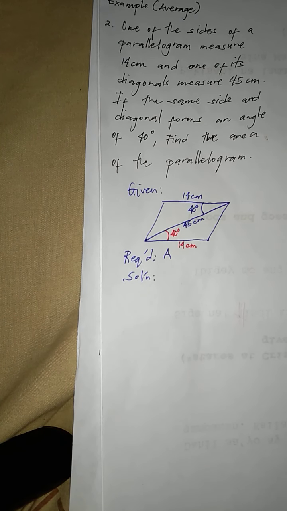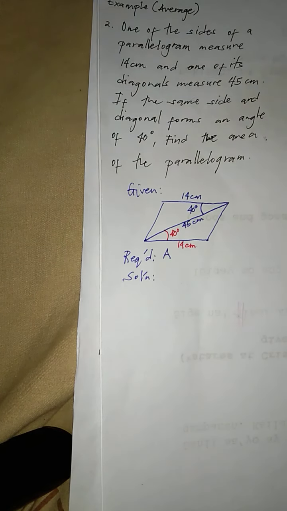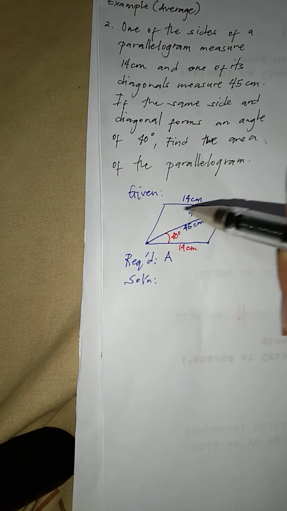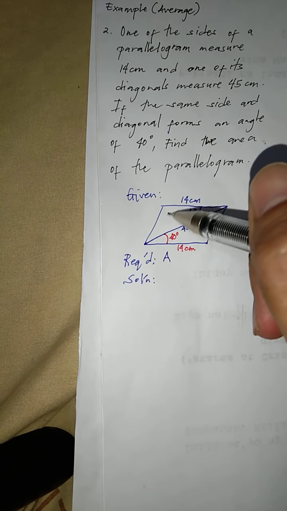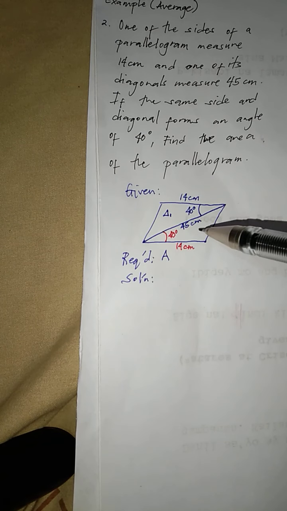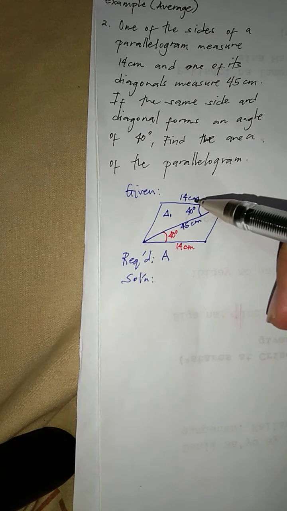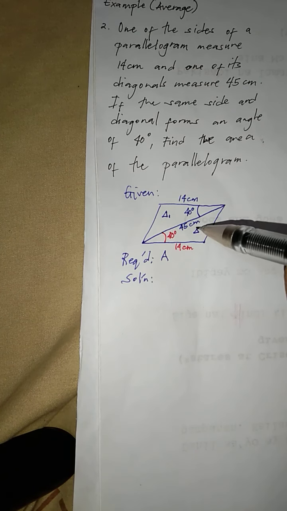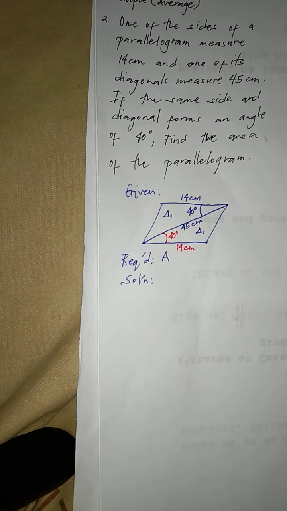Okay, now if you notice on the figure, the upper portion is actually a triangle, so triangle 1, and then the lower portion is actually another triangle which has the same features as the upper part, so this is also triangle 1.